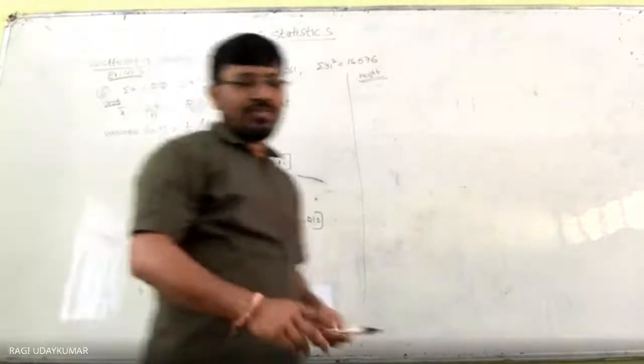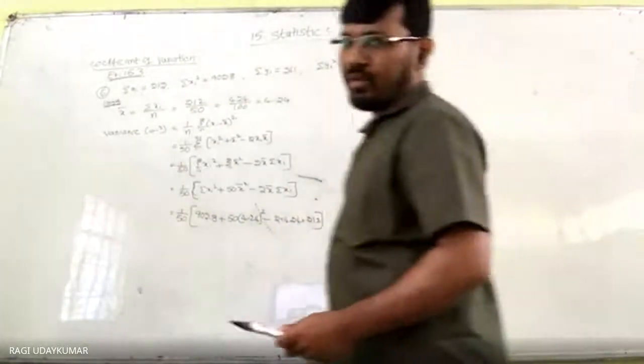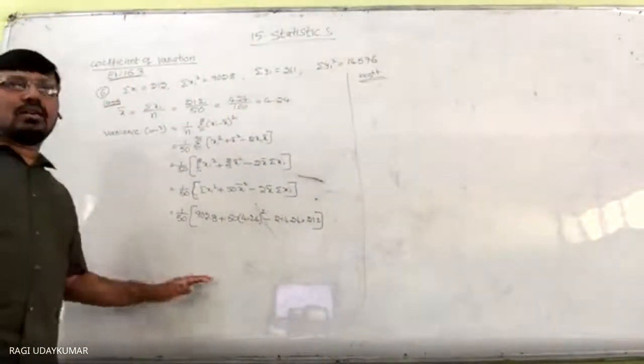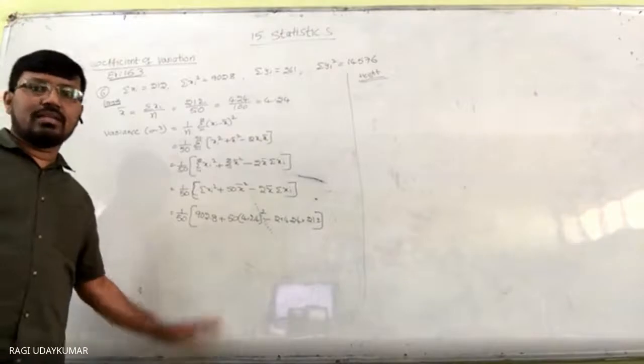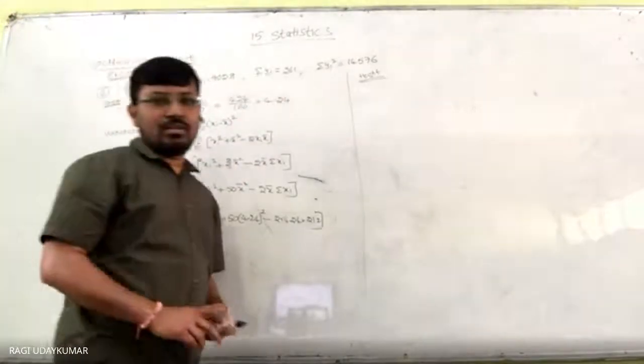Don't use a calculator for this, because in the exam a calculator will not be provided. Then find the coefficient of variation. Next, in the same way, the weight. Can you find it?